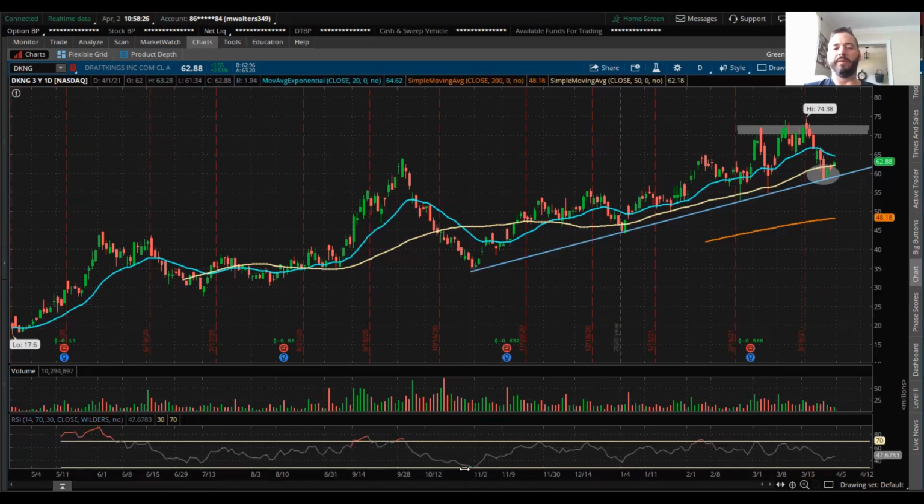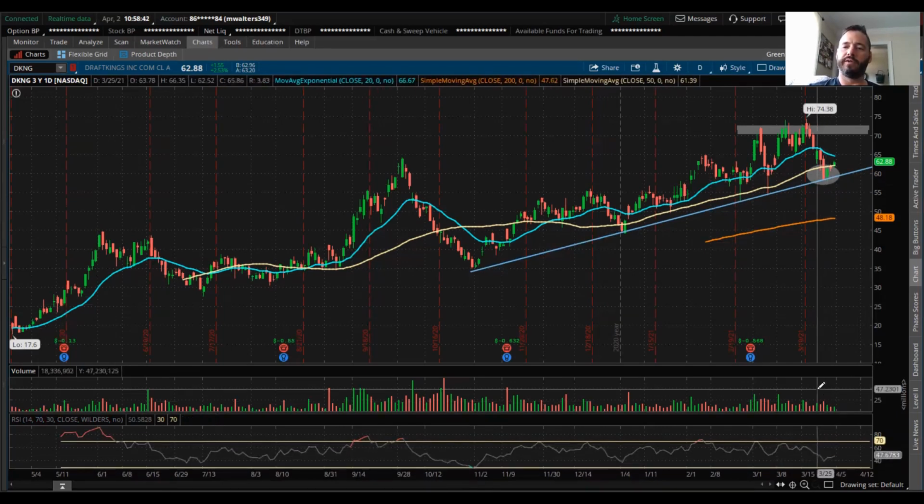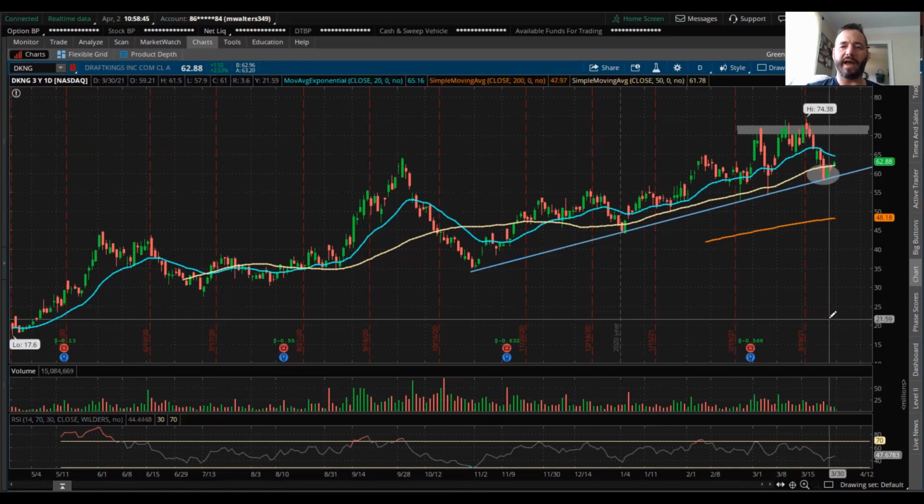When you have a lot of reasons to buy, it's called confluences, right? So right here's a confluence. Now, if you had also an oversold position on the RSI, that might be another confluence. Maybe a catalyst would be another one. And you have all these different confluences that come together that give you a lot more confidence in an overall strong position.